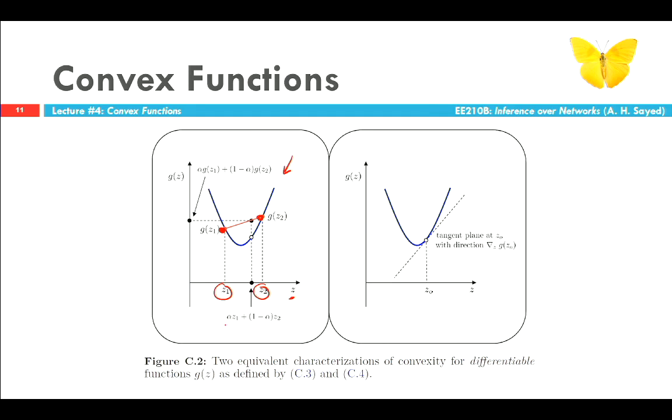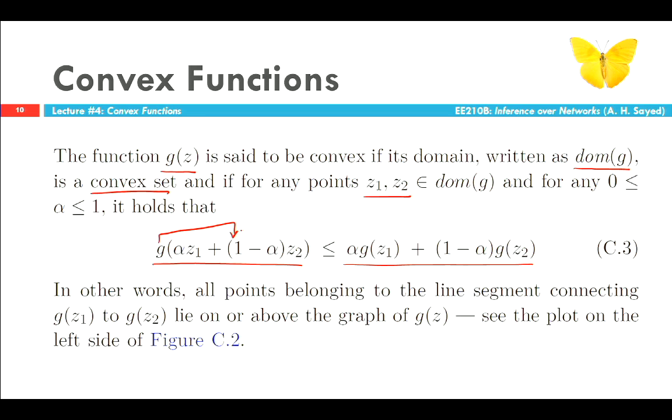So this point here is a combination of z1 and z2, so it lies on that segment. And if you evaluate the function at that point, right, what the definition of convexity said is that the value of the function at that point, right, is smaller. Now, what is this?